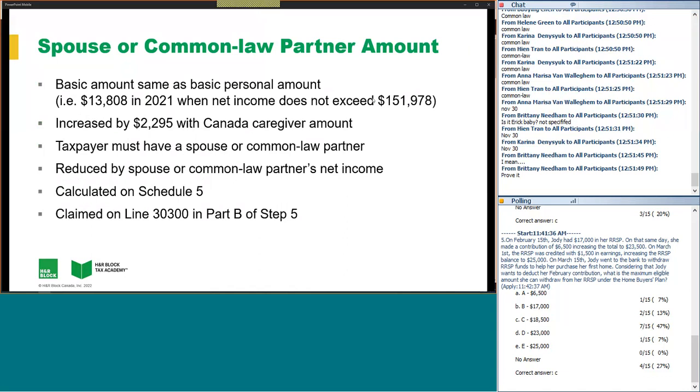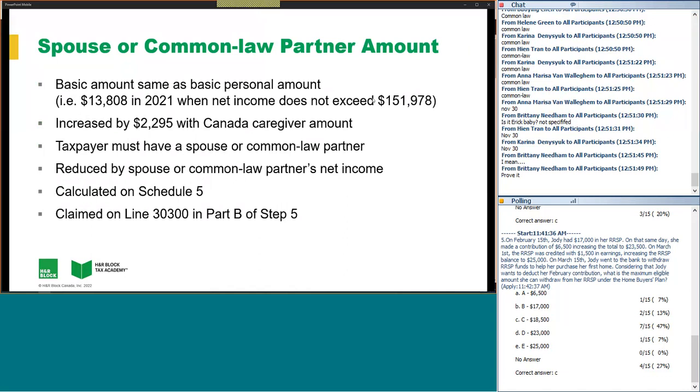All right, why do we care about spouses? Let's do a few things and then we're going to take a break. We care about spouses because there are credits. So the first credit I want to talk about is the spouse or common law partner amount. The basic amount is the same as the basic personal amount. So if you're in the bottom tax brackets, it's $13,808.